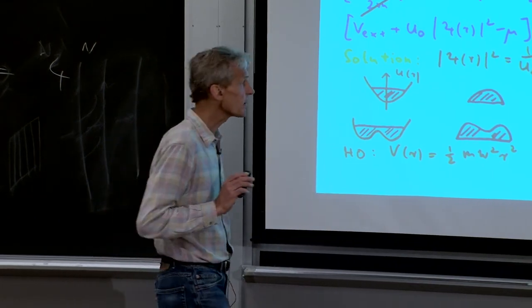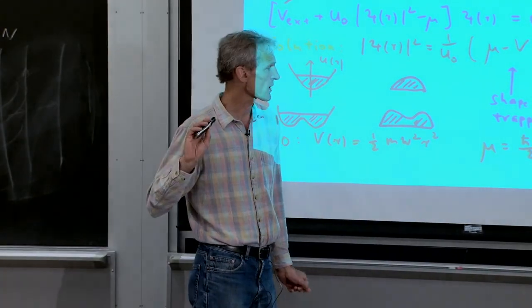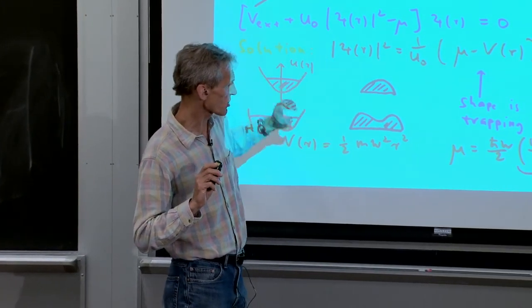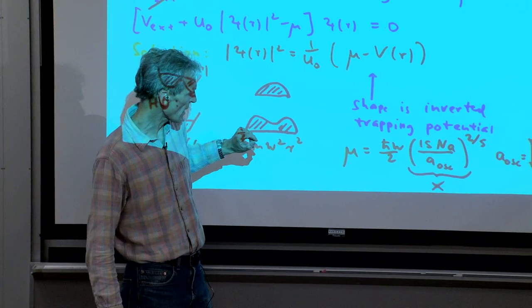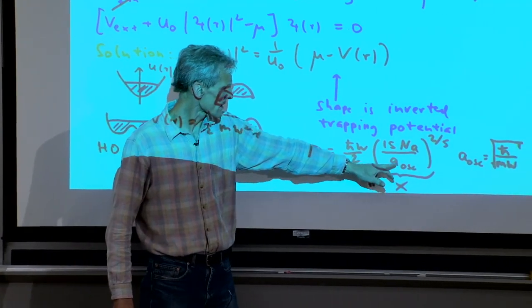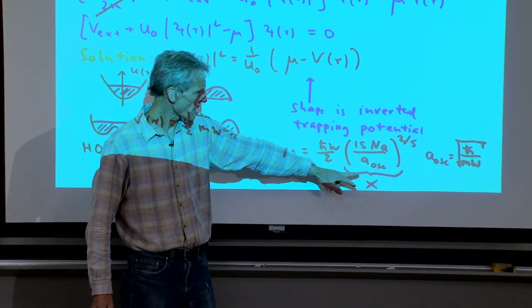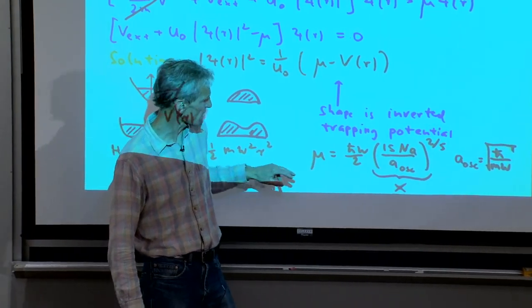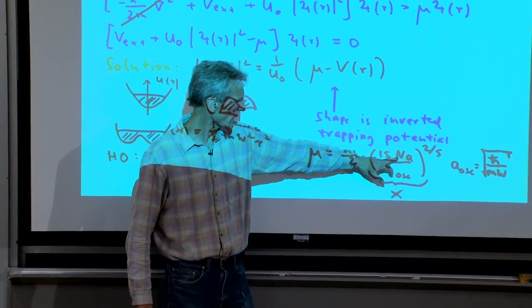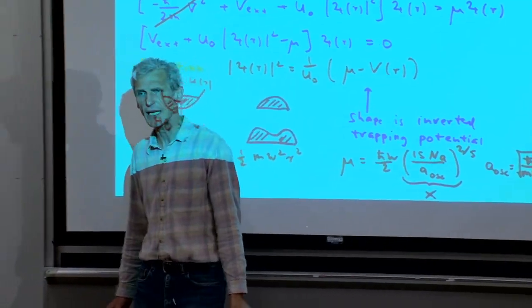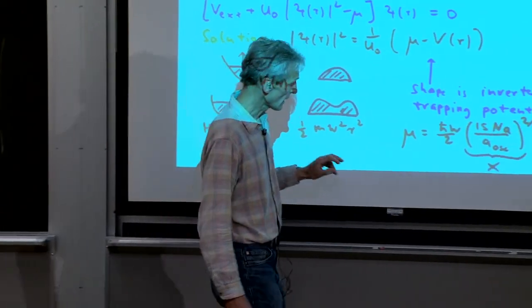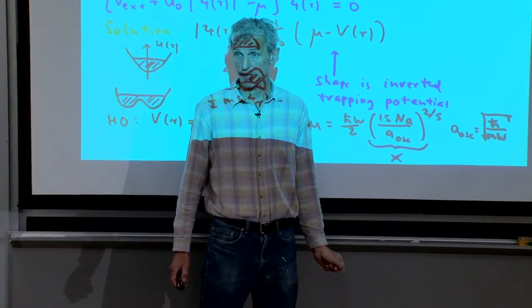I don't want to belabor it, but coming back to the question of the small parameter, if you look at those equations, you can identify a parameter which is the important dimensionless parameter in the system. It depends on the number of atoms, and it depends on the ratio of the scattering length, which characterizes the interaction, and the harmonic oscillator length.